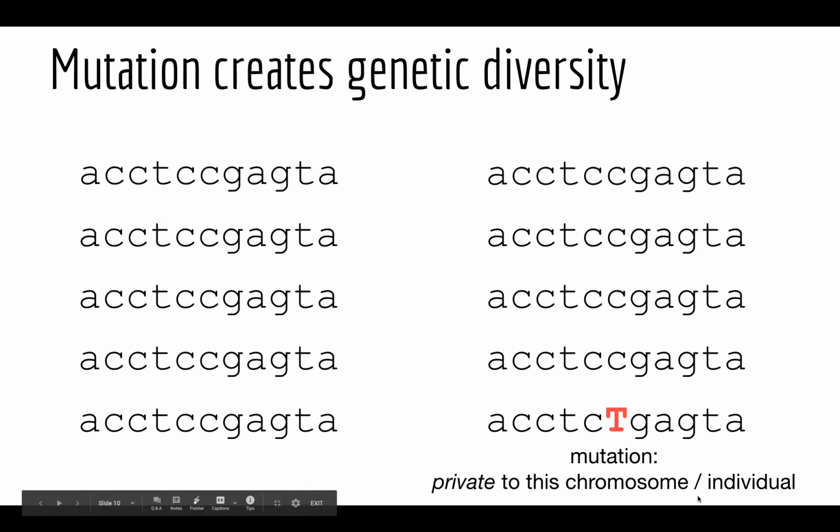Okay, so if this gamete or this sperm does not go on to fertilize an egg, that mutation, this special T mutation, disappears until it arises again. That mutation may arise thousands and thousands of times among a sperm population, but never be passed on to the next generation because it never fertilized an egg.